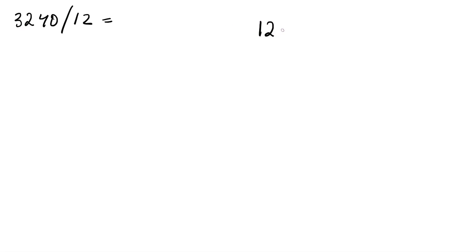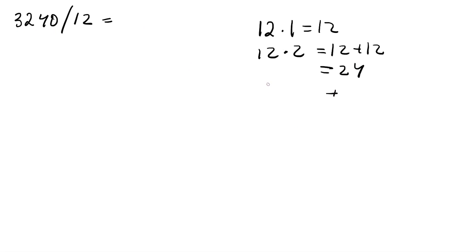Okay, 12 times 1, that's 12. 12 times 2, what's that? That's 12 plus 12, and 12 plus 12, that's 24. That's too small. So if you add one more, that is, if you take 12 times 3, you add one more 12. Then this is 10.